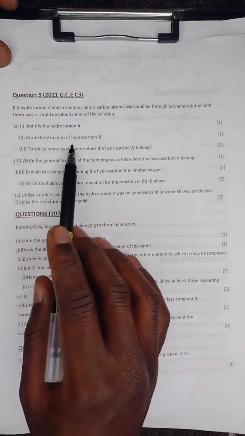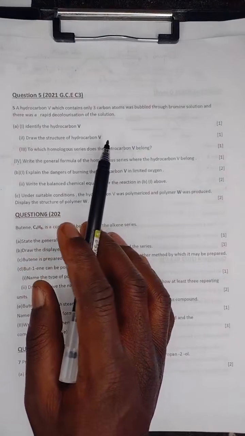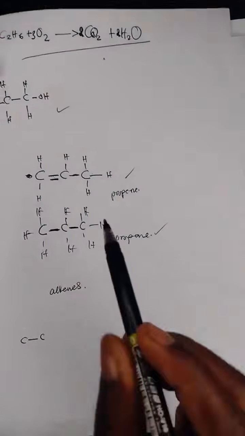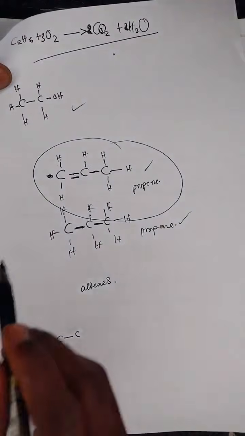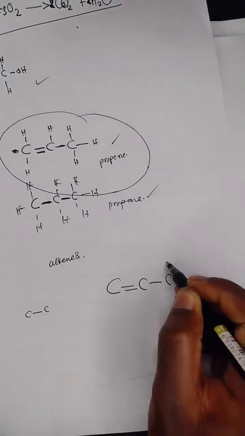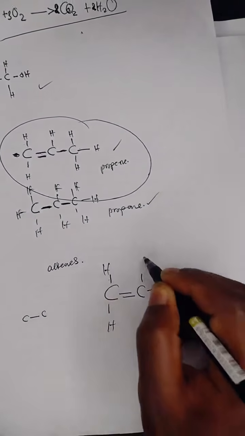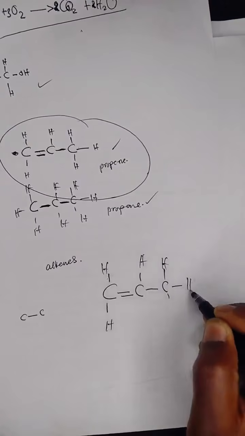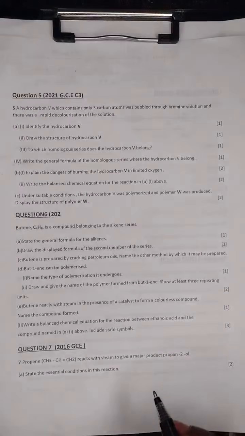Okay, draw the structure of the hydrocarbon V. Since we are saying it's propene, here we have drawn propene. So this is the structure, propene, 3 carbons.